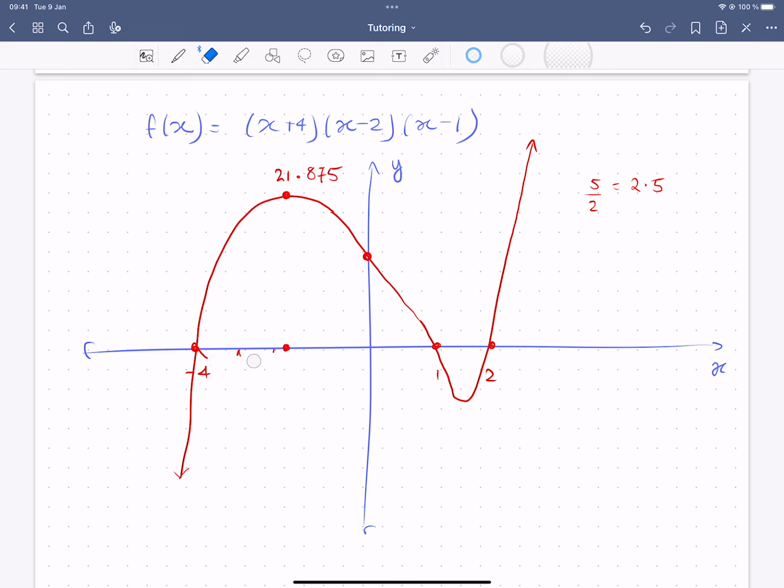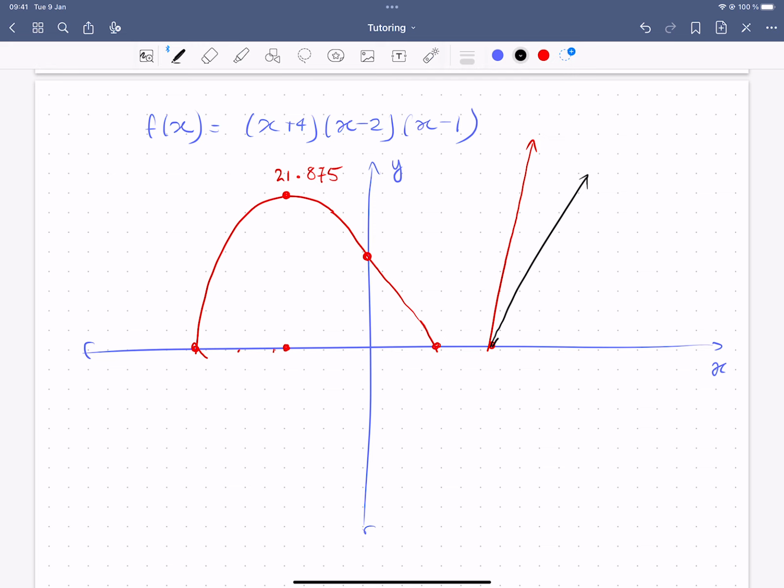Okay, so then what I would do is, well, we're taking the square root, so of course we get rid of the bottom part of the graph. And then, well, we know our square root over here is going to have our same type of function. It's just going to increase less, and it does get a bit more curvy. And then here, let's take the square root of 21.875.